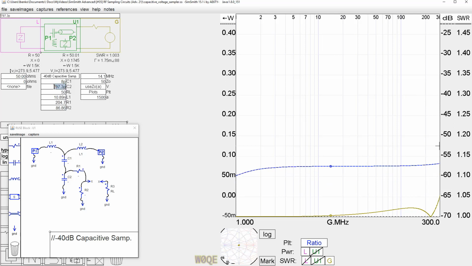We can make this capacitor smaller. And as we make it smaller, we still roll off down here, but you can play with this a lot. I've done some playing around when I made this file. But if I'm willing to tolerate a loss, say like 55 dB, I can make my circuit be pretty.